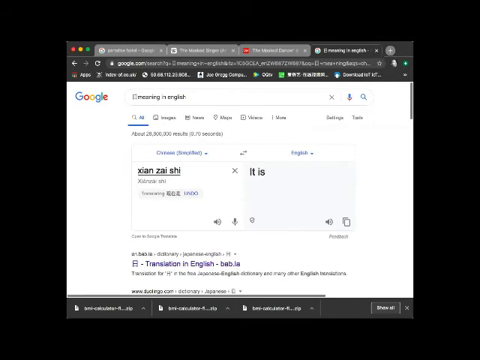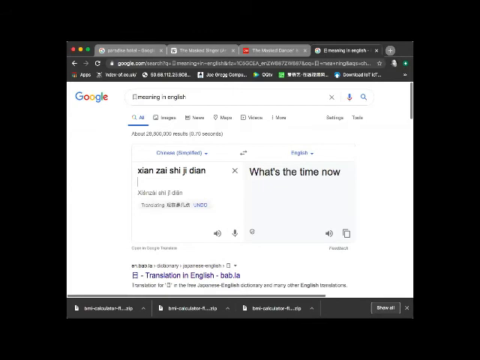You see here we said 现在是几点? What's the time now? So you see the difference. 现在是几点, what is the time now? There's a difference between this one and 现在几点.